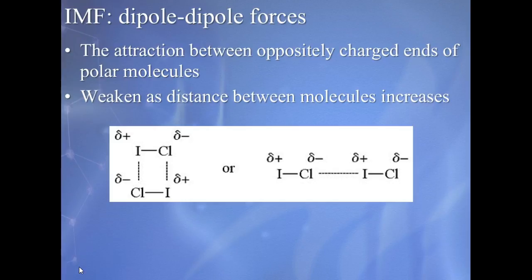Intermolecular forces, like London dispersion forces or dipole-dipole forces, are drawn with a dashed line to show the difference. So if it's a solid line, it's all part of the same molecule. If it's a dashed line, it's attraction between one molecule and another molecule.